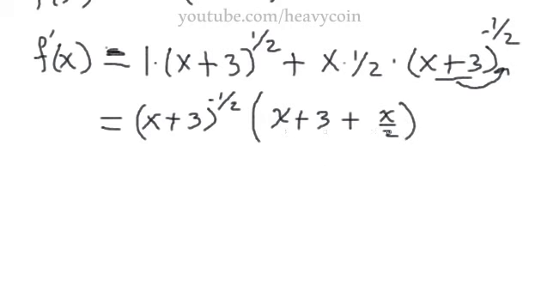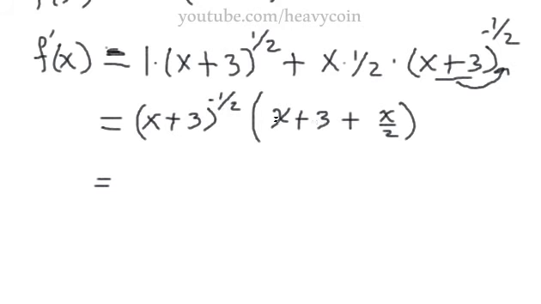Now we want to simplify this as much as we can. I'm going to rewrite this. This is a negative half, so I'm going to take this down into the denominator.